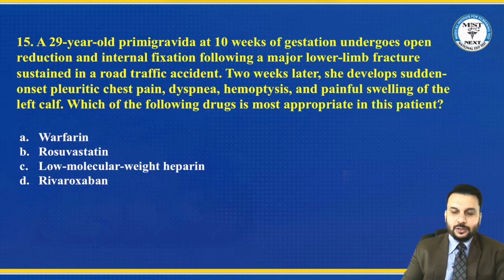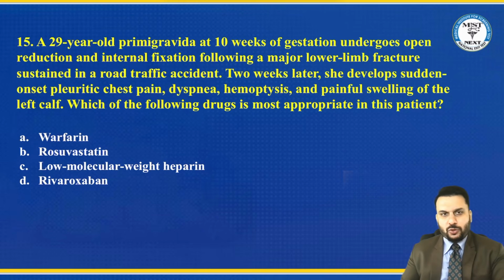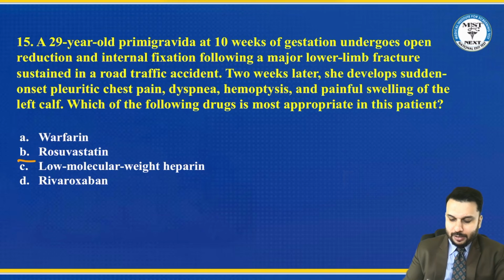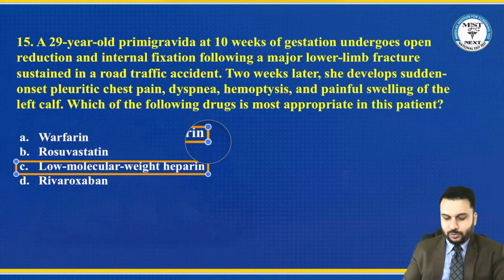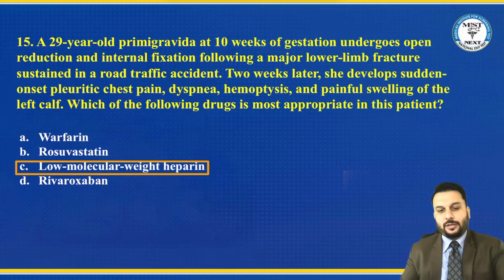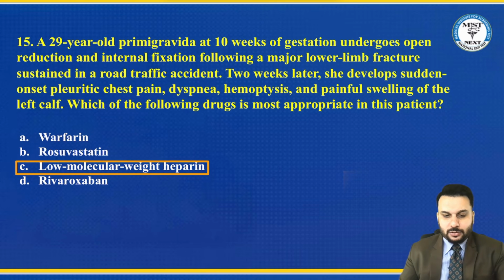So in this situation, what am I supposed to give? The most appropriate treatment is giving heparins. We got to give something known as heparins in this case. Now, let's talk further.